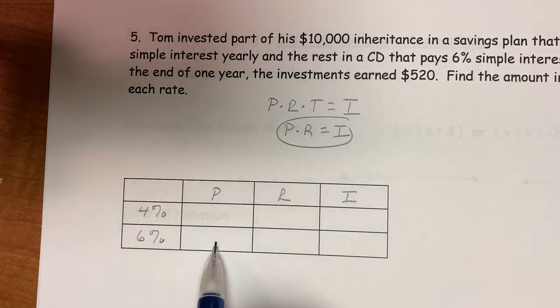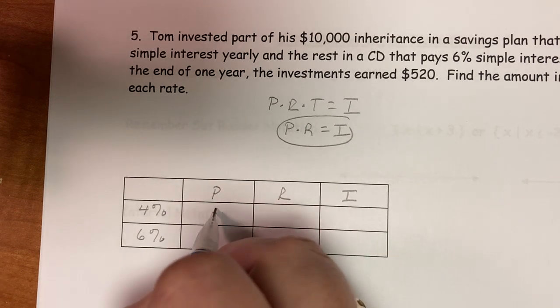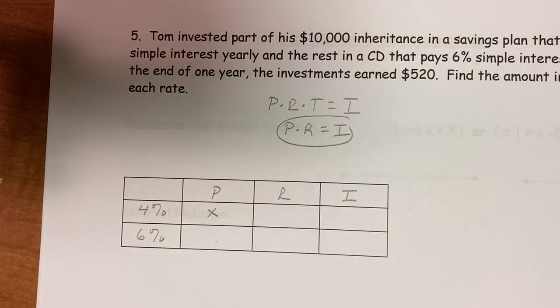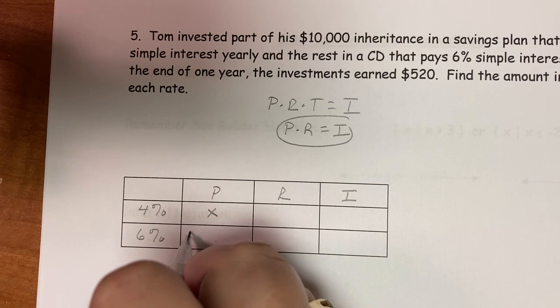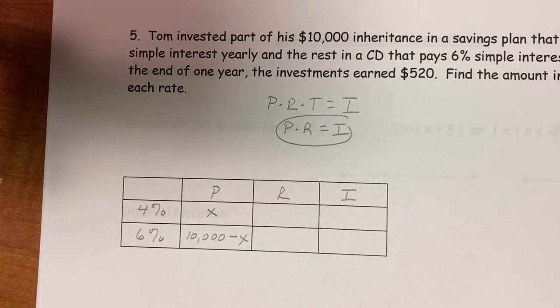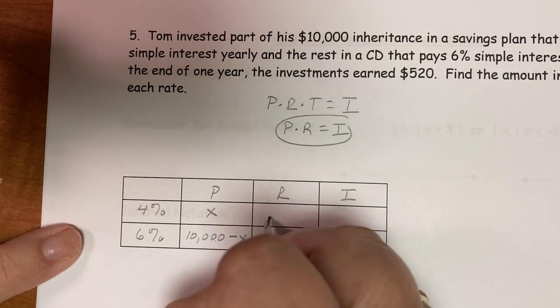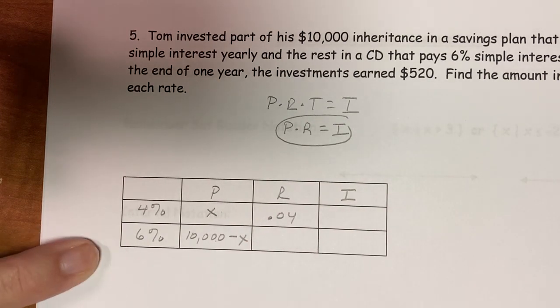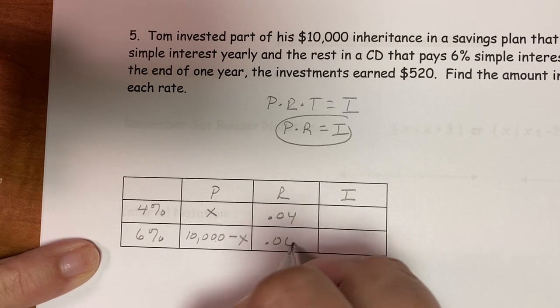We know that his investments totaled $10,000. So what that means is we can call one of them X, doesn't matter which one, and the other one is going to be that total, 10,000 minus X. So again, like I said before, you see that a lot. Well, the rate here would simply be 0.04, and here it would be 0.06.